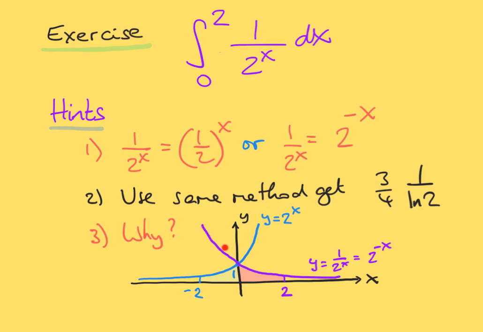That curve looks like this. It is a mirror image of this curve about the y-axis. And this area, again above the x-axis, is identical to this area, so you should expect to get exactly the same value for the integral.